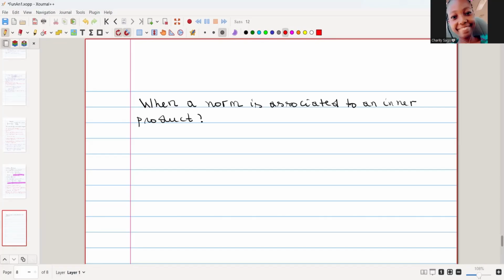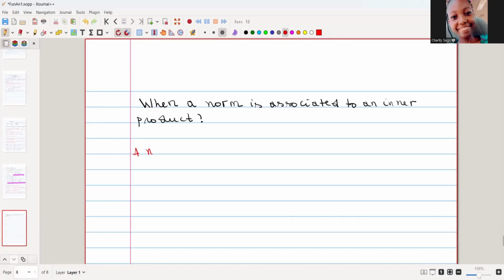I'm just going to write something simple. Obviously, when you have a normed space, if the parallelogram law is satisfied, then you can define an inner product.